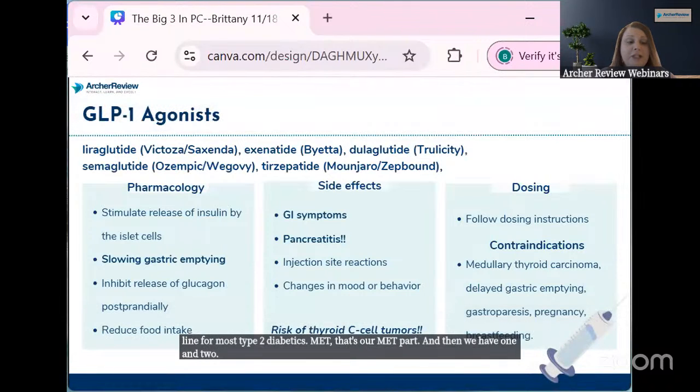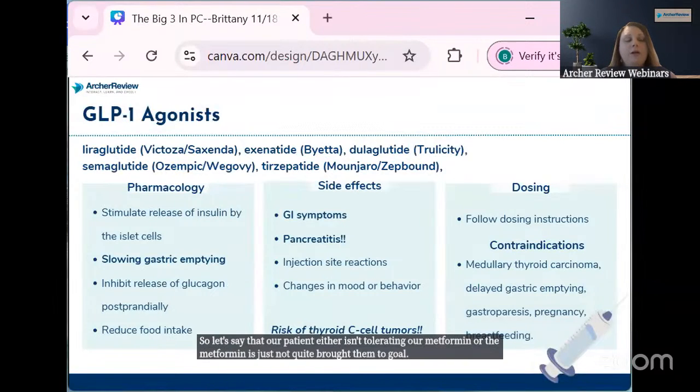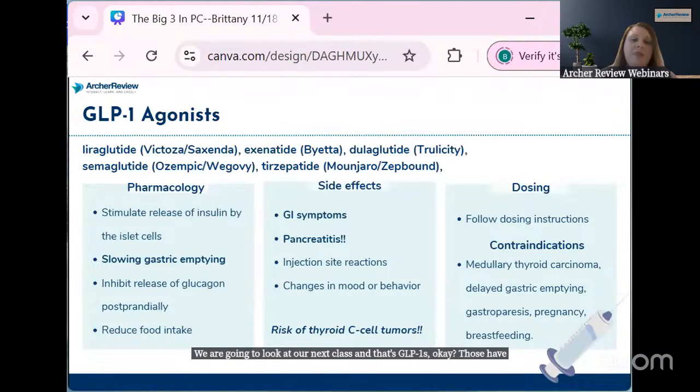So let's say that our patient either isn't tolerating our metformin or the metformin's just not quite brought them to goal. We are going to look at our next class, and that's GLP-1s, okay? Those have been really rampant in the news. This is what everybody's on for weight loss, Ozempic and Mounjaro and Wegovy, semaglutide, essentially. But there are some other GLP-1s.